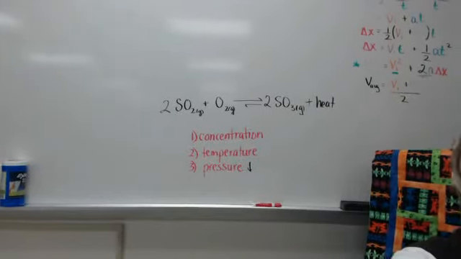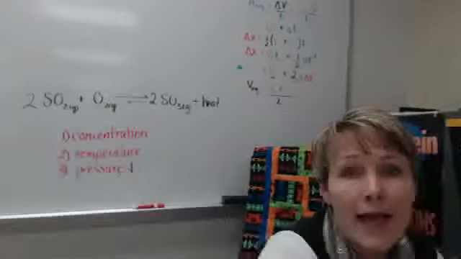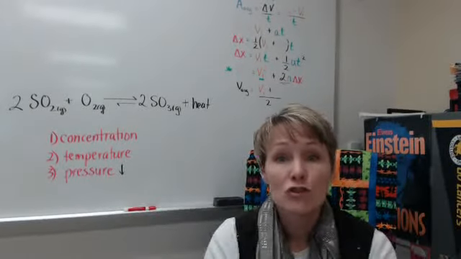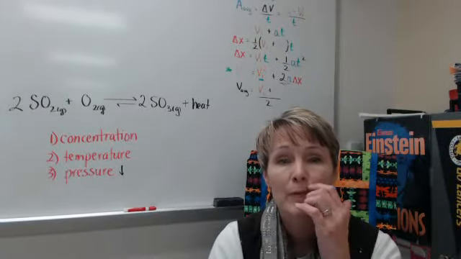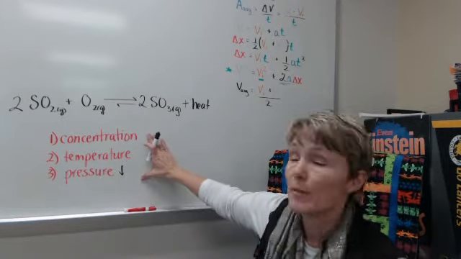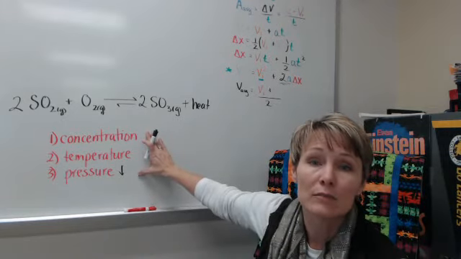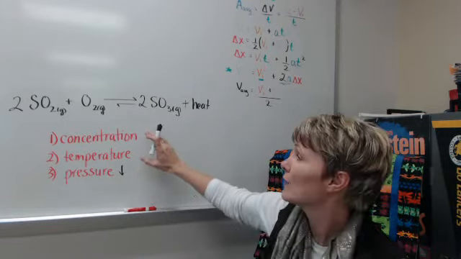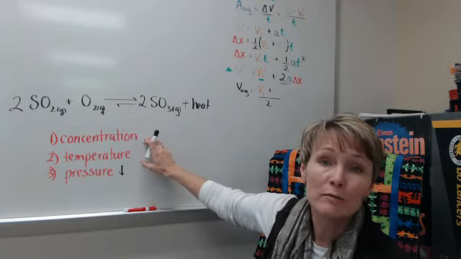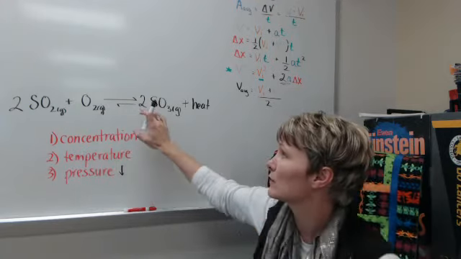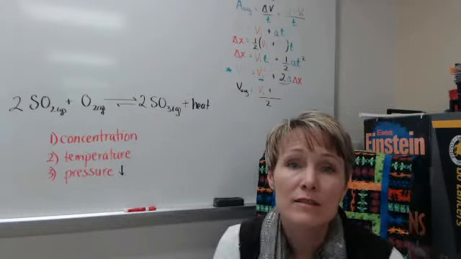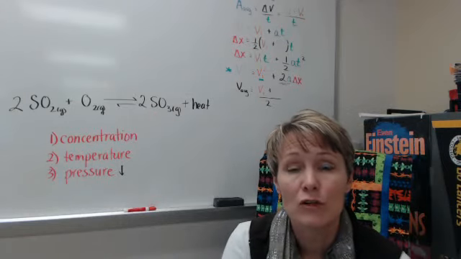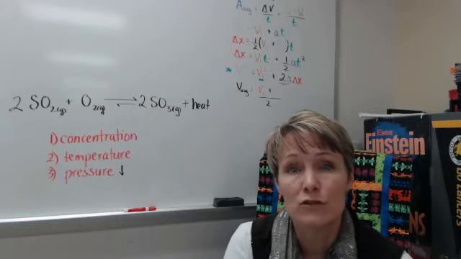So when we look at Le Chatelier's principle and how we can change the equilibrium, we do this by adding stress to our system. If I add or remove one of the reactants or products, the system will always change to reduce that stress.